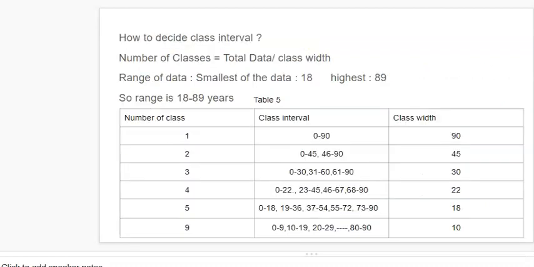Now this is how we have to decide the class, number of classes and class width. Here you can see that 90 data elements are there. If I take all these data together, we cannot understand anything.